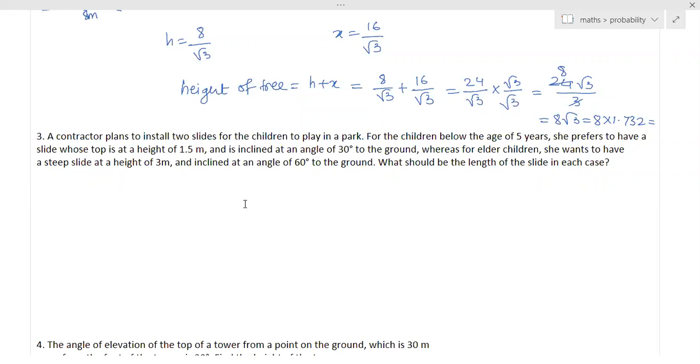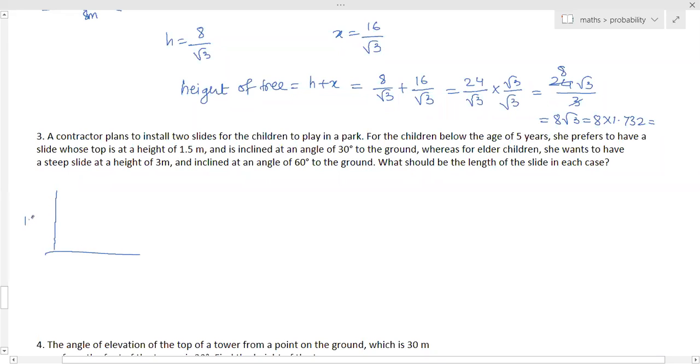For children below the age of 5 years, she prefers a slide whose top is at a height of 1.5 meters and the inclination is 30 degrees. You have to calculate the length of the slide. That means this one you have to calculate.